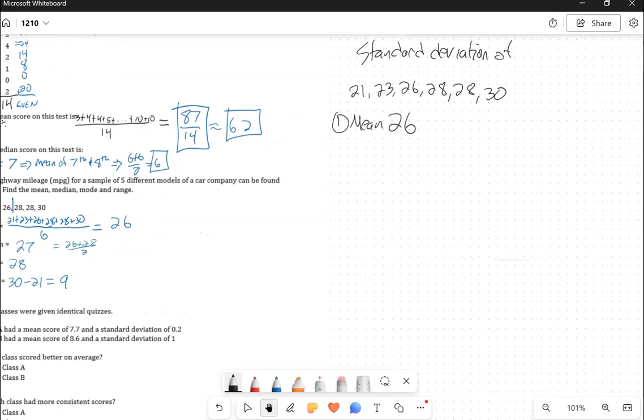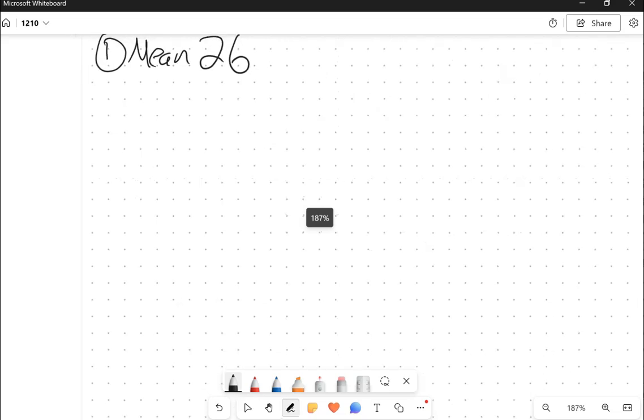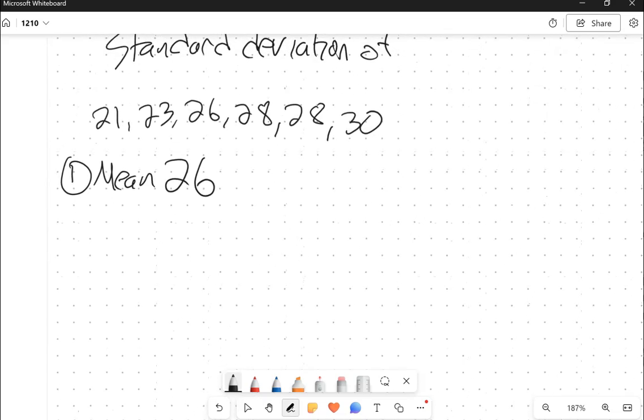It was 26. Step 2, you take the original data. Let's see, how do I want to do this? And subtract the mean.